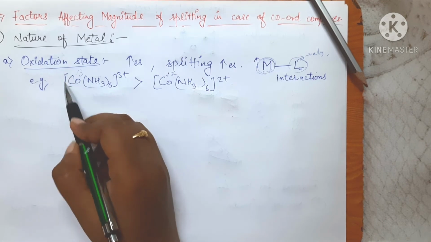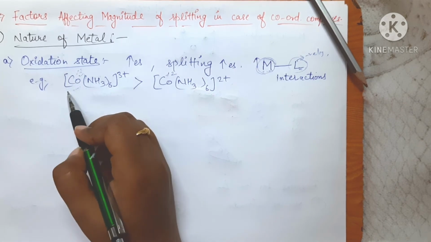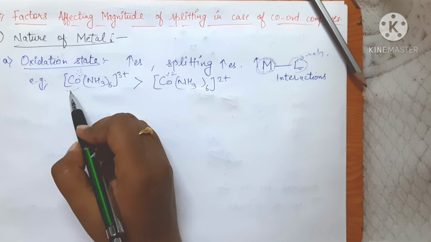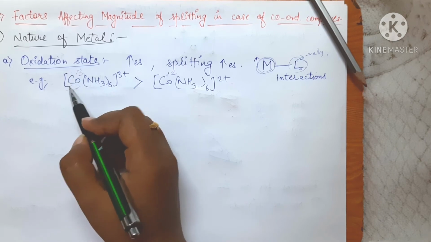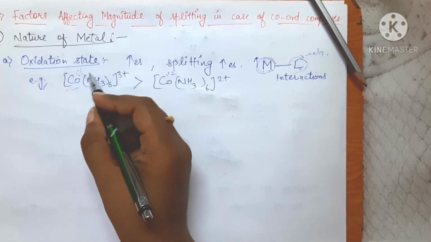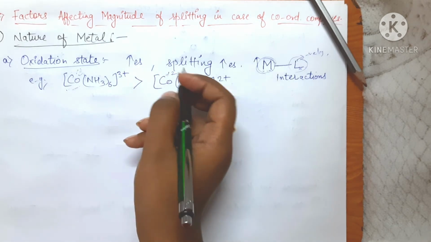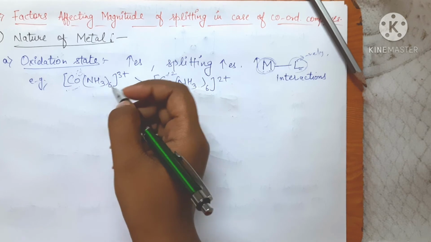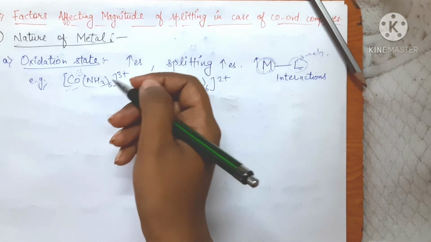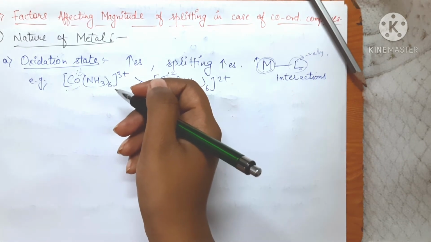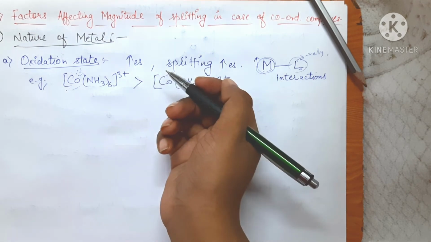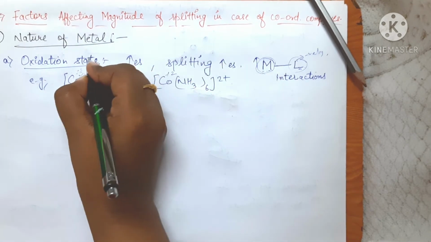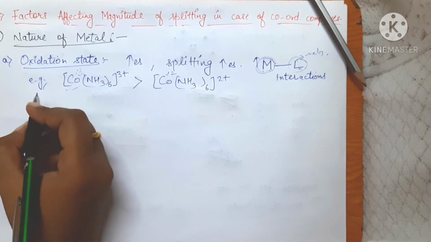So here the metal has more positive charge, so it will attract these negatively charged species towards itself. More will be the attractions, more will be the repulsion between the electron clouds and the ligands, and the more the repulsions, the more will be the splitting, right? So this is the first factor.